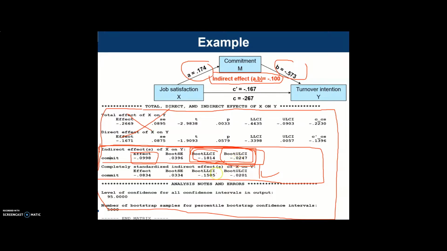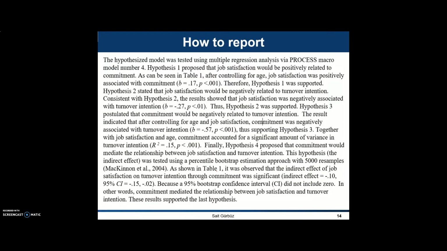Okay, so then the question becomes how we can report all these different results in APA7 style, or can we use a sample write-up or something like that? Yes, we can report all these results in our sample write-up, as you can see on my screen.